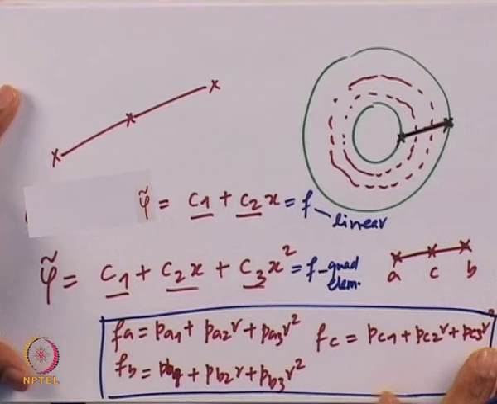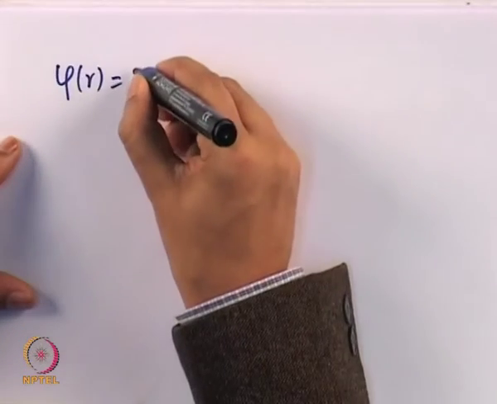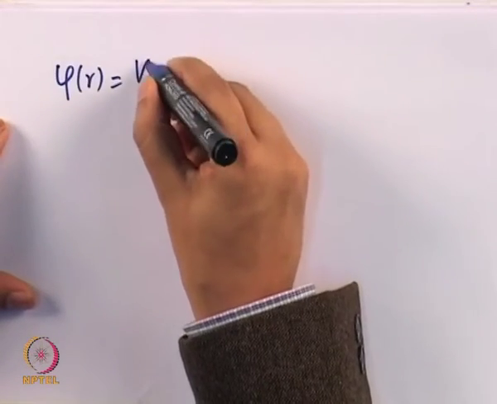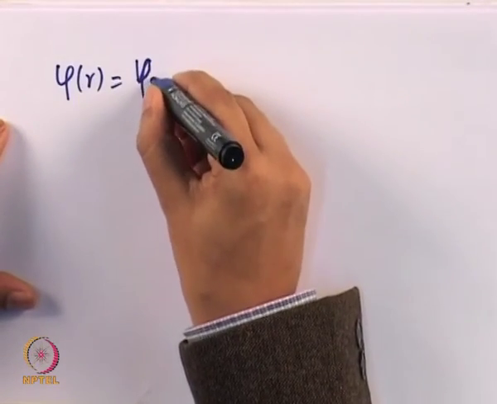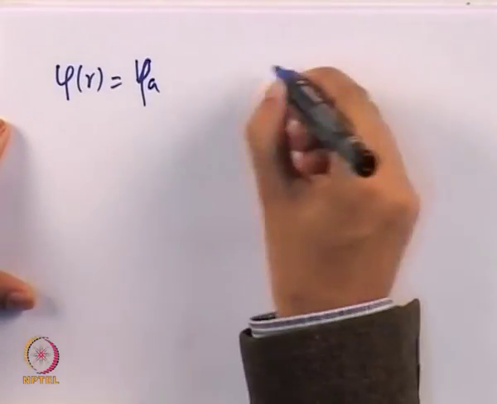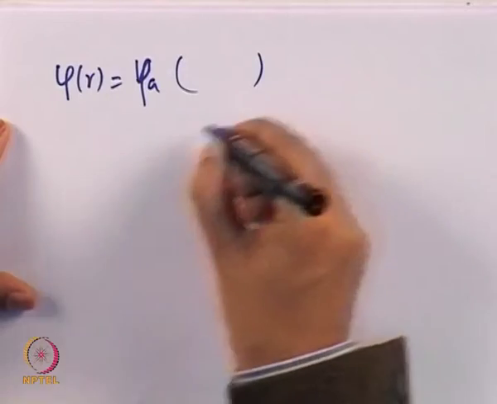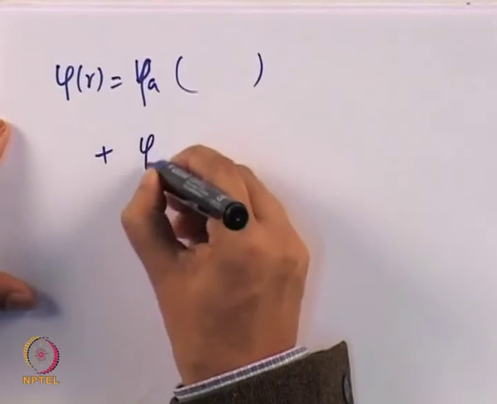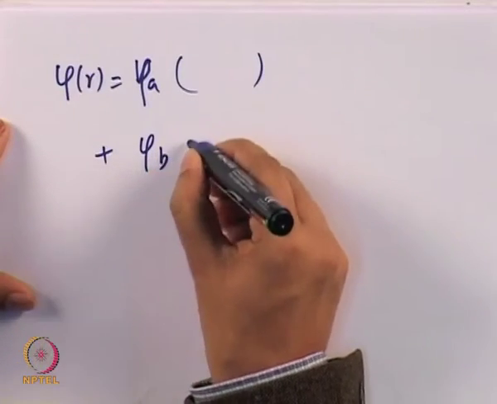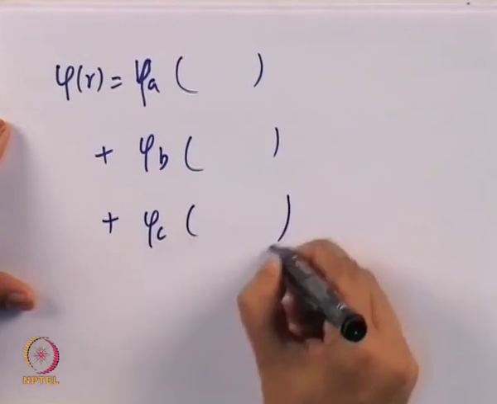So our potential value that we are going to compute, phi of R, is going to be the value that I am going to assign on the inner conductor and the outer conductor, the potentials and also the central point. So phi A multiplied by something plus phi B multiplied by something plus phi C multiplied by something.